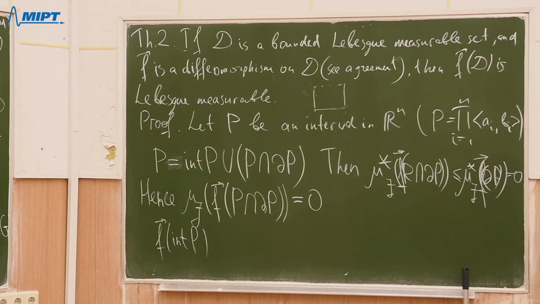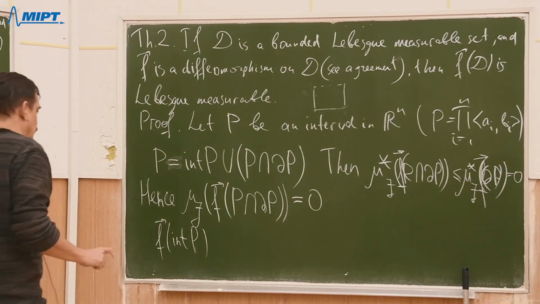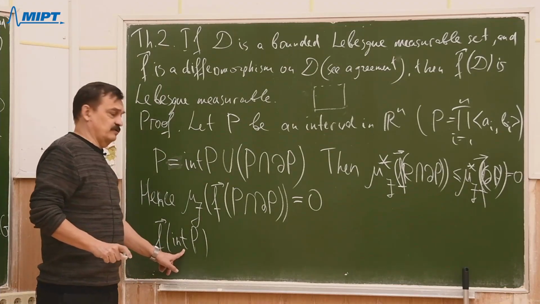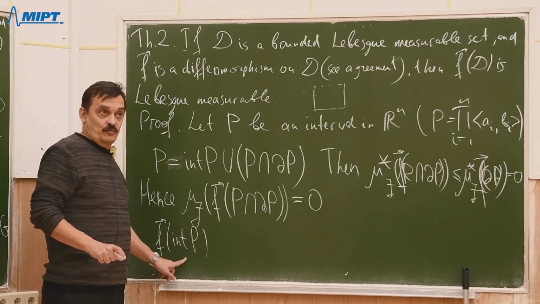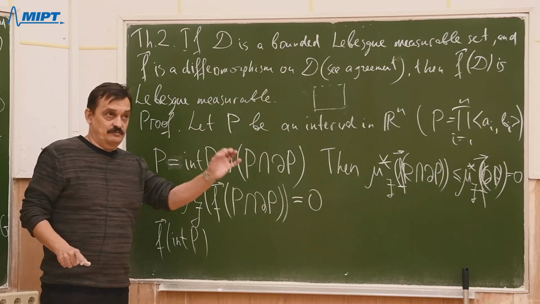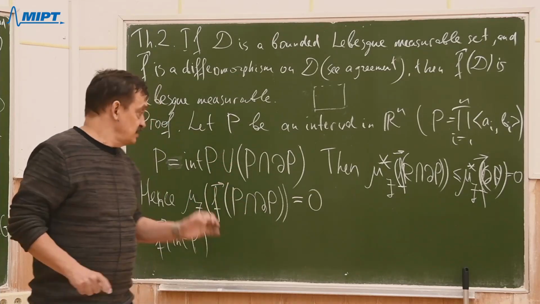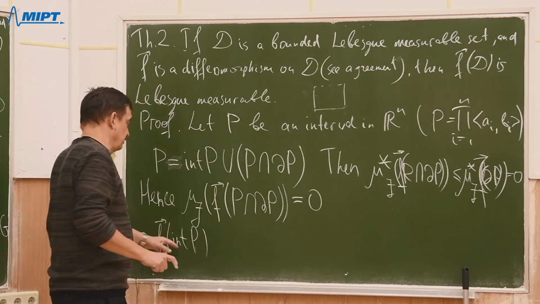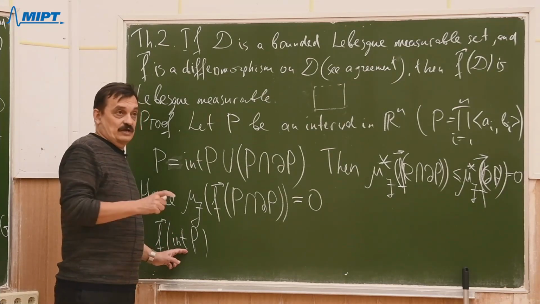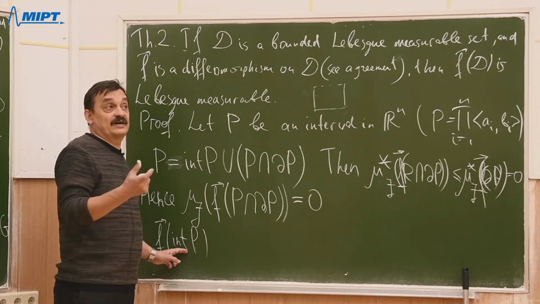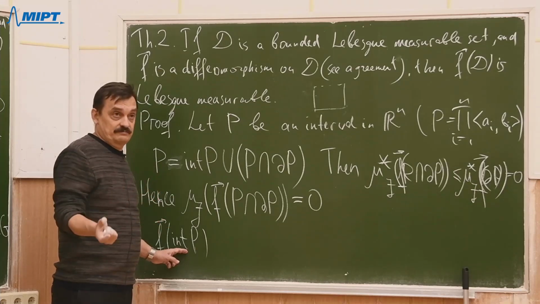If the Jacobian is not 0, look at an arbitrary point in this interior. That is an interior point, right? So there exists a neighborhood such that in this neighborhood our f is 1-to-1, and we can apply the inverse mapping theorem.